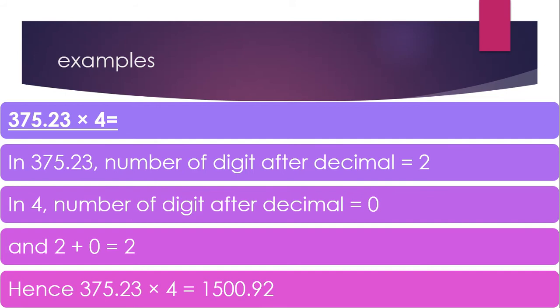And now from the right side we have to count the decimal digits, and we have to put the decimal after 2 digits. So we count 2, and 9, 2 is left. So now put a decimal here between 0 and 9. Then we get the answer 1500.92.